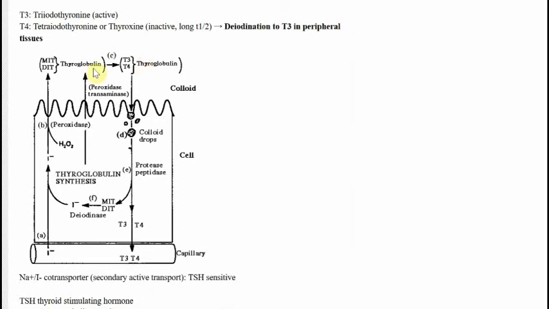The majority of thyroid hormone that's produced is T4, but the active hormone is actually free T3. Okay, so T4 is converted in the peripheral tissues such as the liver, the muscle, the kidneys into T3. How does it do it?